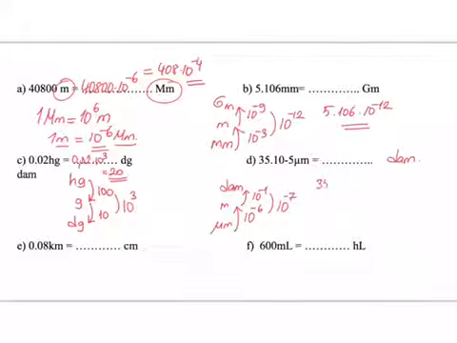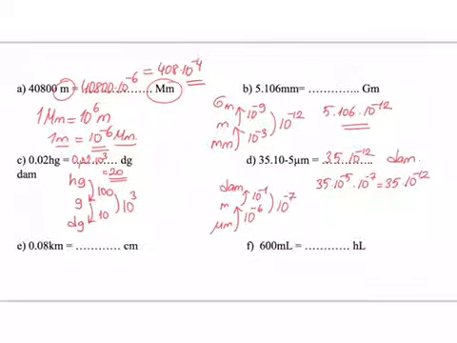So 35 times 10 to the minus 5 times 10 to the minus 7 will be equal to 35 times 10 to the minus 12. So this is my result.